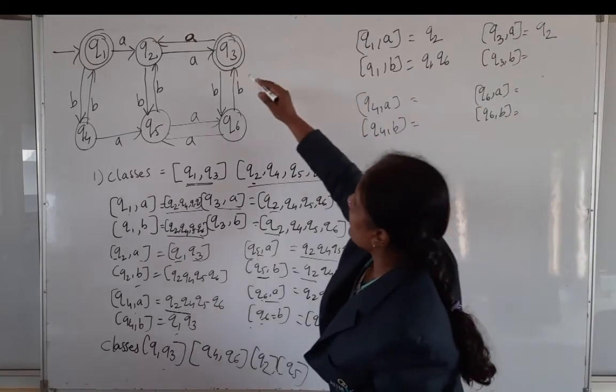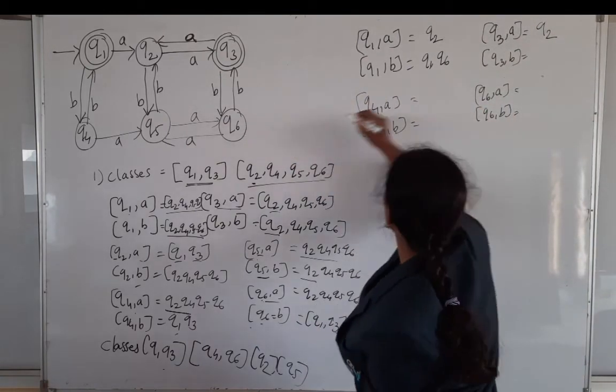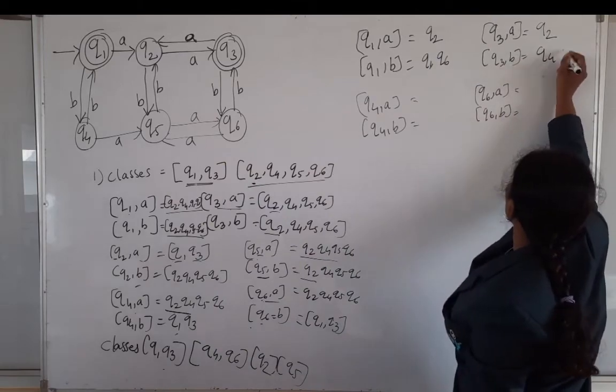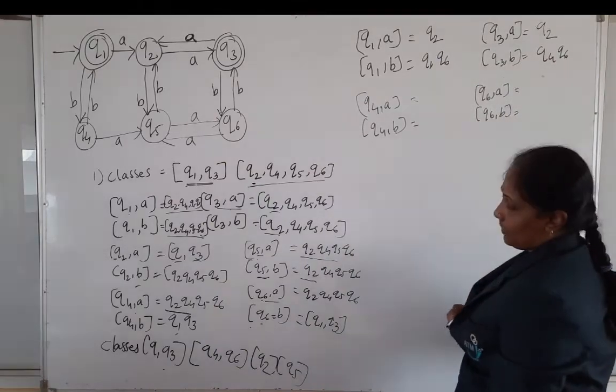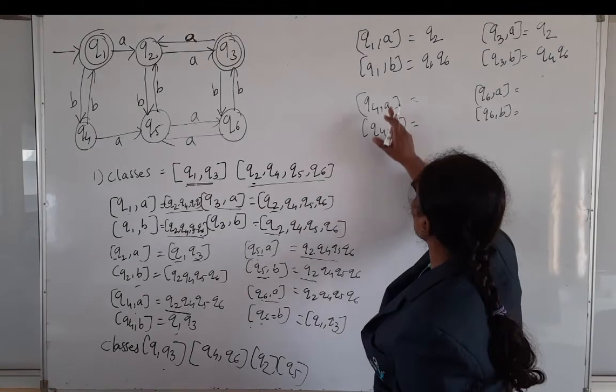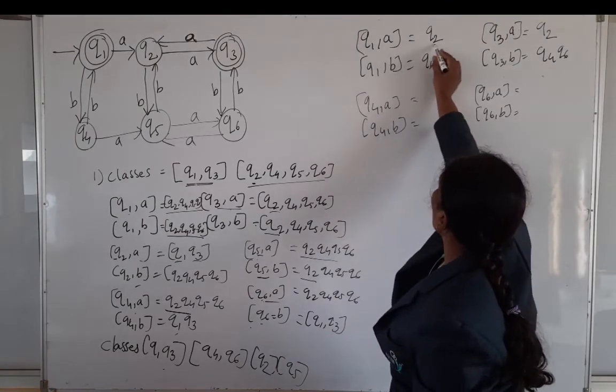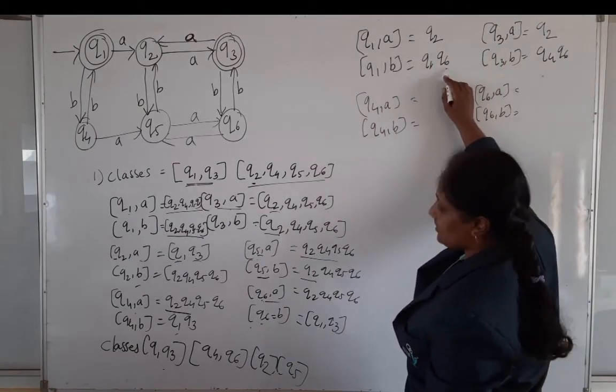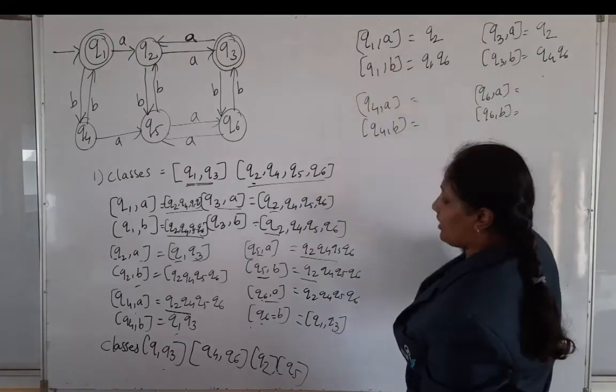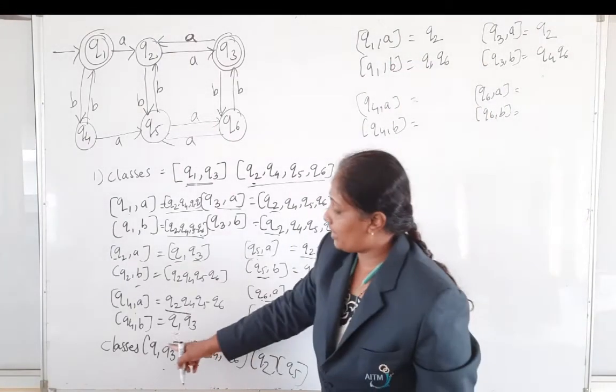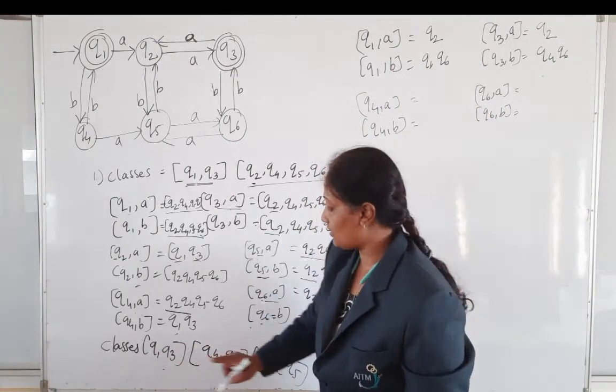Q3 of B, where I reach to a Q6, where Q6 is a member of Q4, Q6. Next, check out, after accepting the A and B I am reaching the same state. So Q1, Q3 are indistinguishable. So I can't further divide this class.